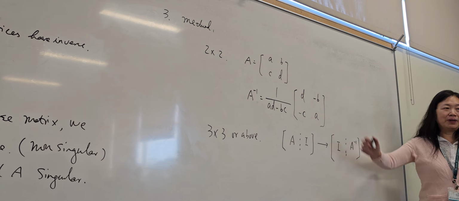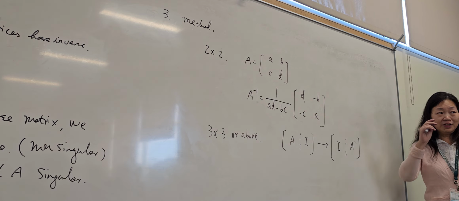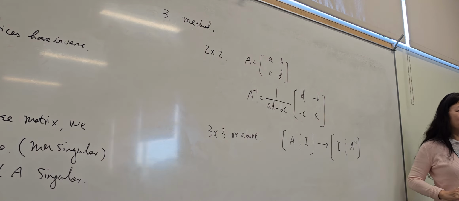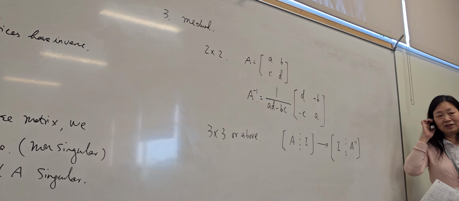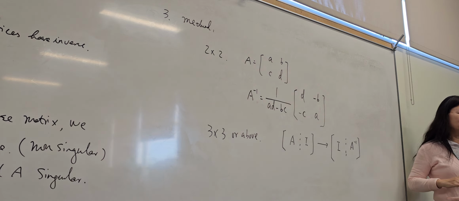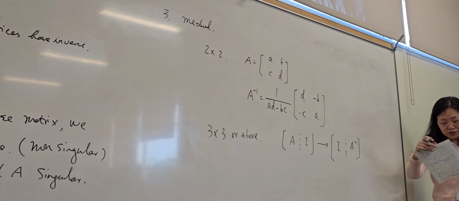No one is going to do a 2 by 2 this way; this is for 3 by 3 or above. In class we are not going to do more than 3 by 3, but in your homework you might see higher. In the exam I will give you at most 3 by 3, because that only takes a little time. Any question here?